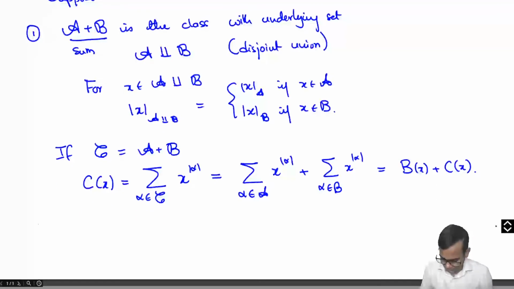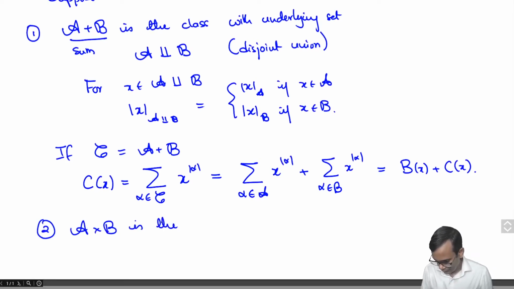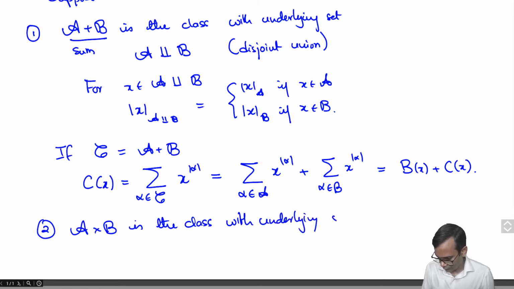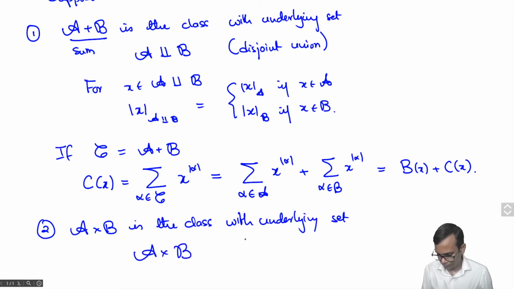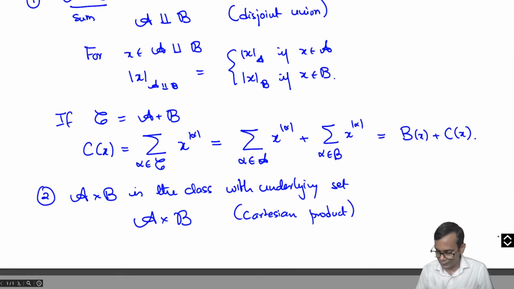Let's define the product of classes A times B, which is the class with underlying set the Cartesian product. So that's just the Cartesian product of all ordered pairs (a, b), where a is in A and b is in B. And I must define the size.